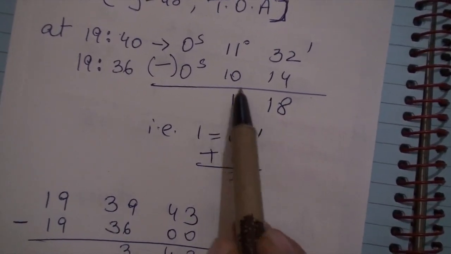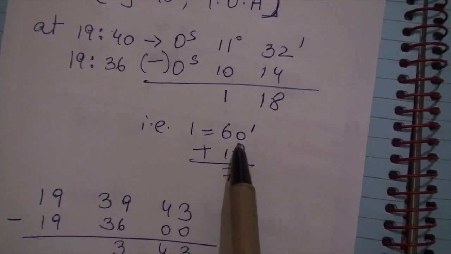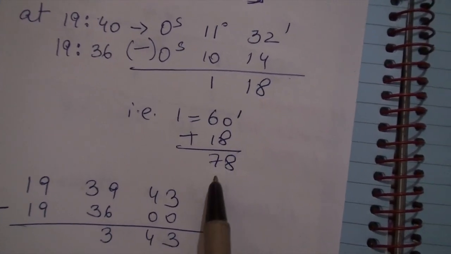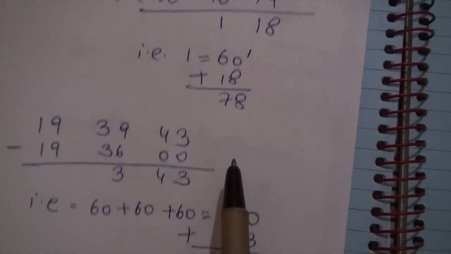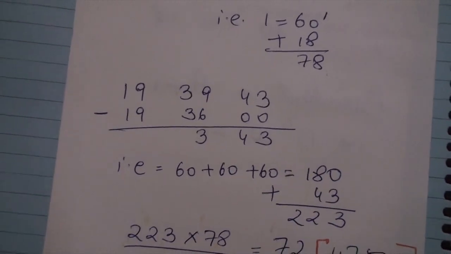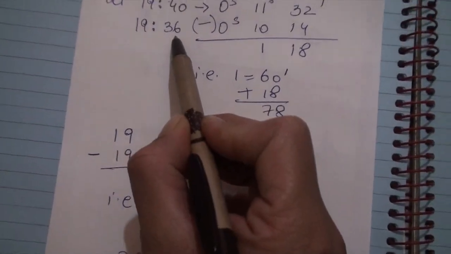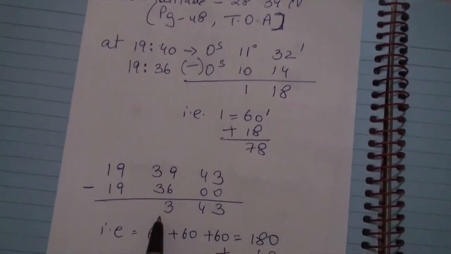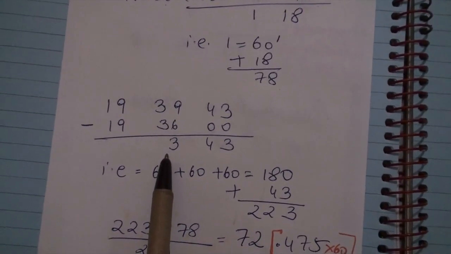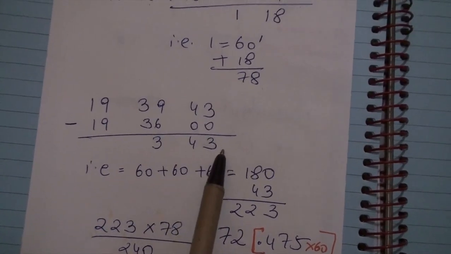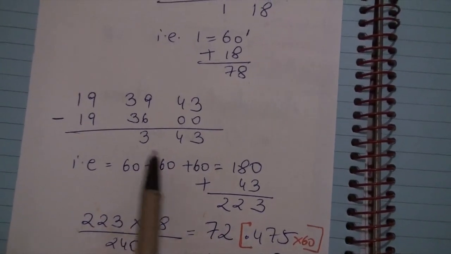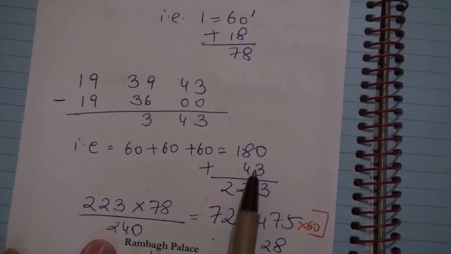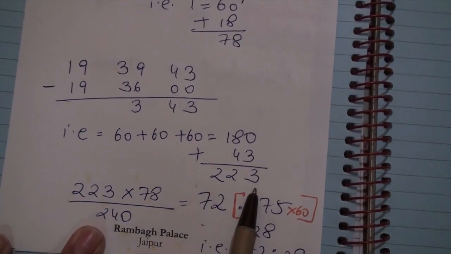Now 1 minute over here means 60 seconds, so we take 60 plus 18, that gives us 78. Secondly, we have to subtract 19:36 from 19:39, so we derive the residual value of 3 minutes 43 seconds. 3 minutes is equal to 180 seconds plus 43, that is 223.